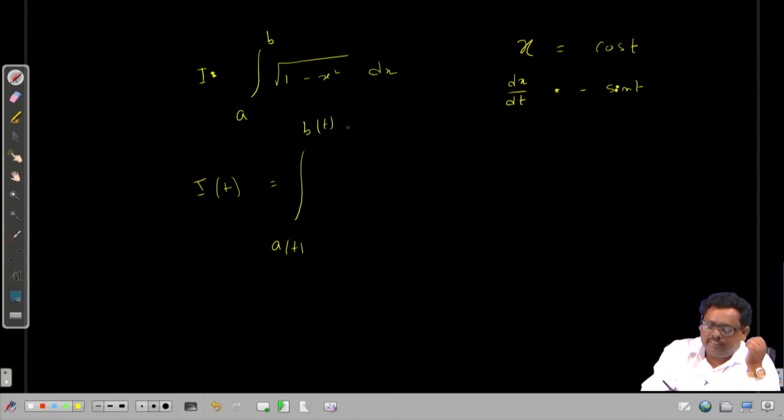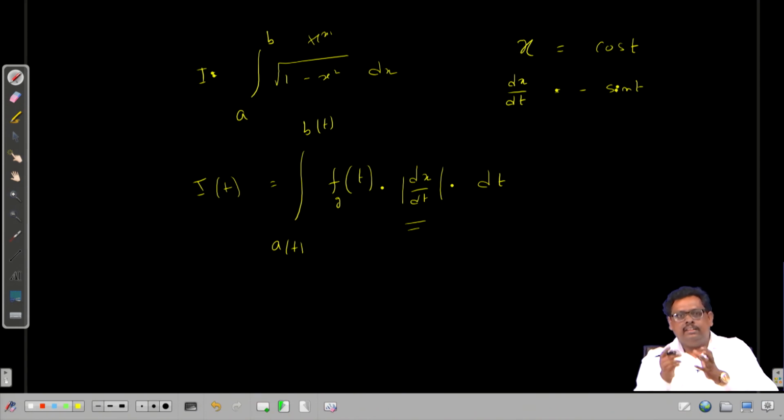Then you change the function f of x to some function of t, and you multiply by the Jacobian, which is dx by dt, that is called the Jacobian, minus sin t, and then you integrate over the domain t. That is what we are doing.